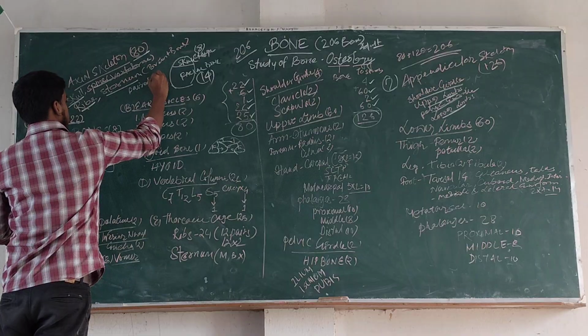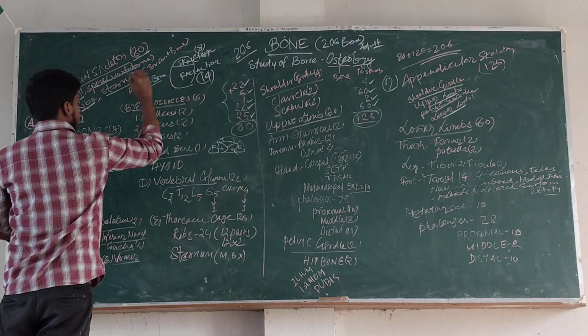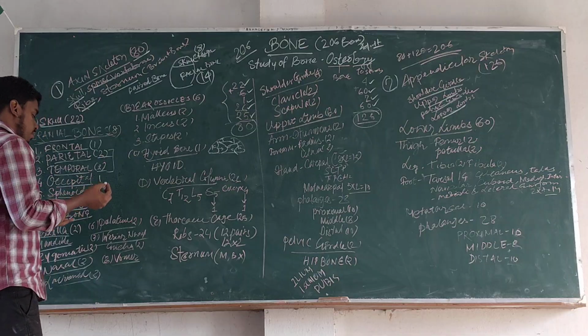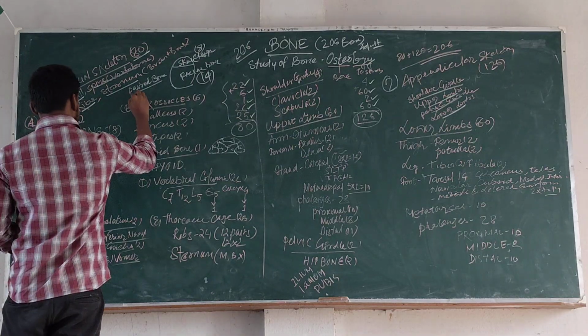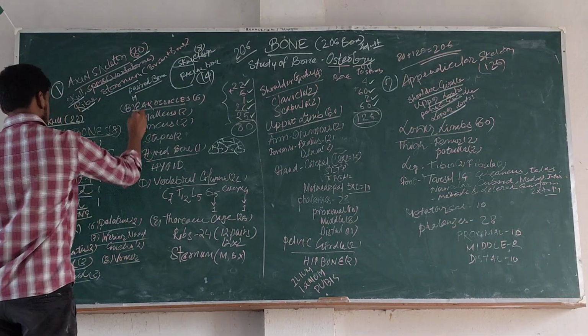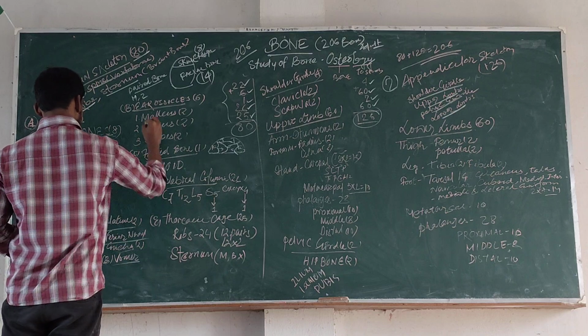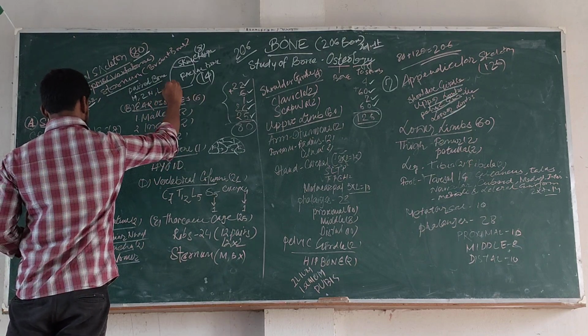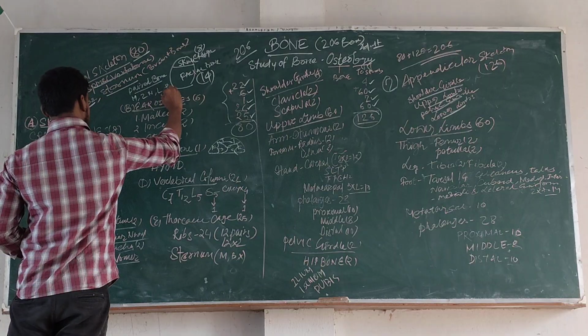Facial paired bones. Your professor may ask you, what are the paired bones present in the facial bones? Then you have to answer the maxilla, then the zygomatic, then nasal, then lacrimal, and palatine, and inferior nasal concha.